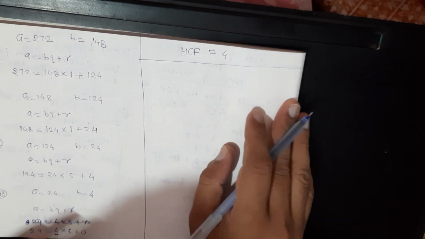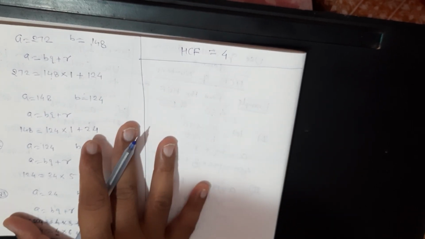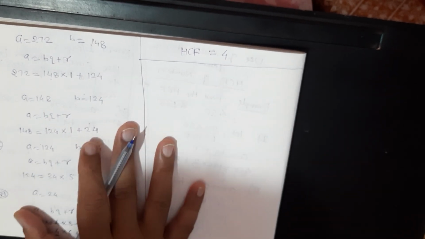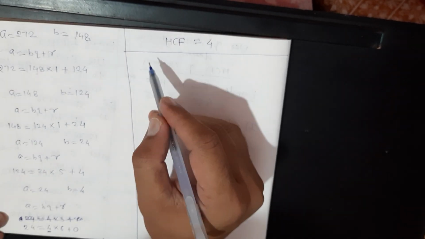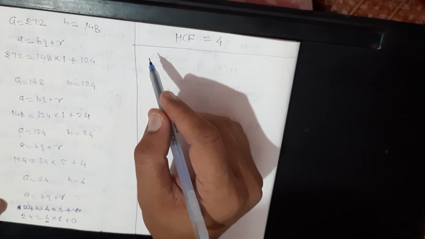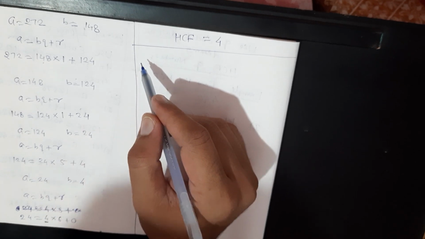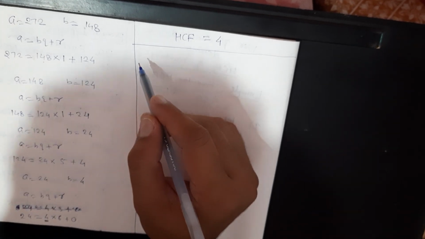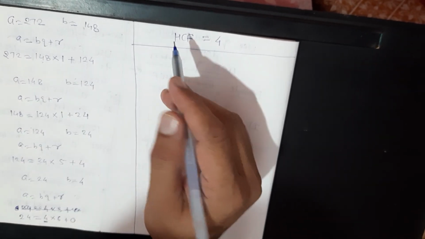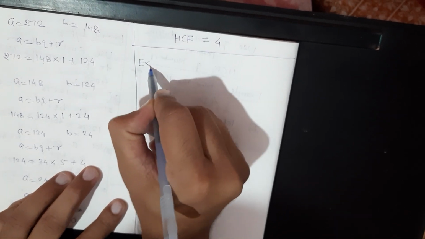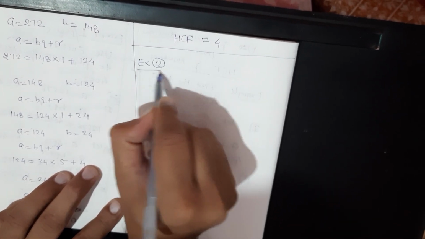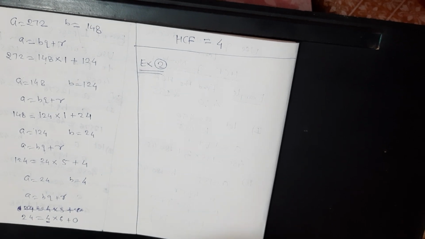Now I do some more uses of Euclid division lemma. These look somewhat different, but when it comes into your habit, it will be familiar. So let me take example number 2 from your book.